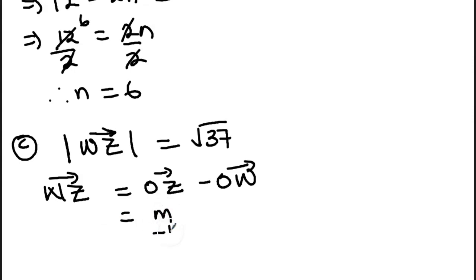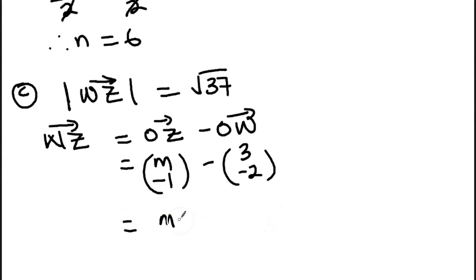It is M, minus 1, minus 3, 2. So we have M minus 3, and then negative 1 minus 2. Yeah, this will turn to plus, so we have 1. That is the vector. Okay, so let's find its magnitude.